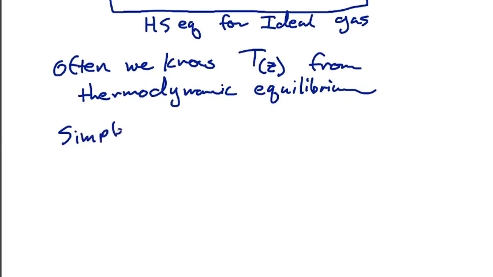So our first approximation is isothermal, which means that T is just a constant.